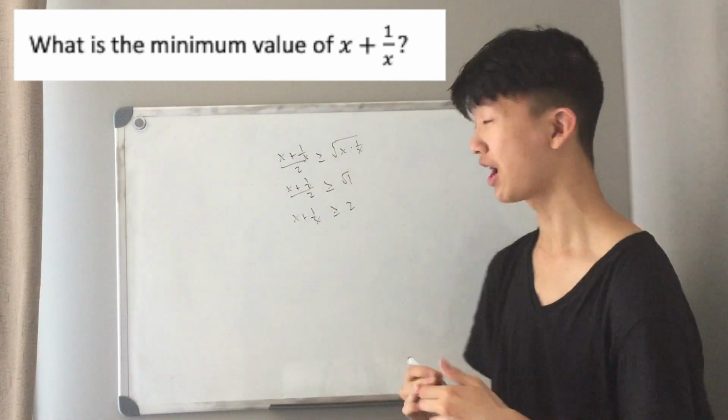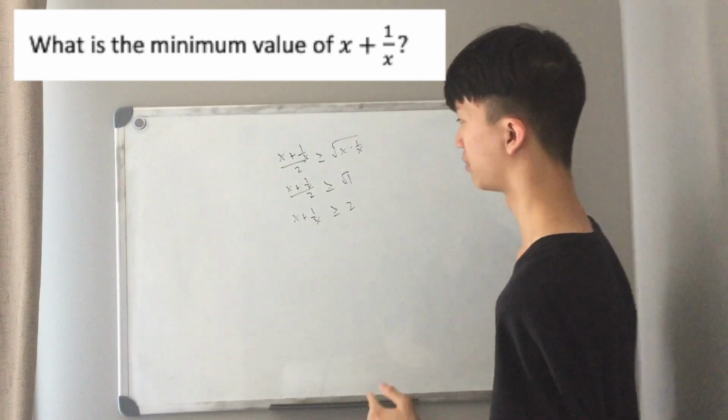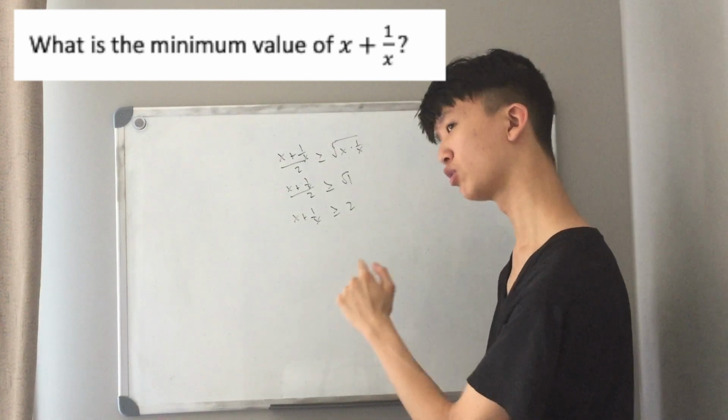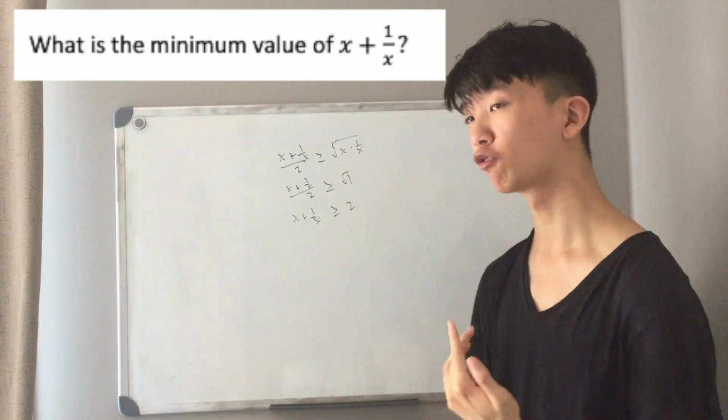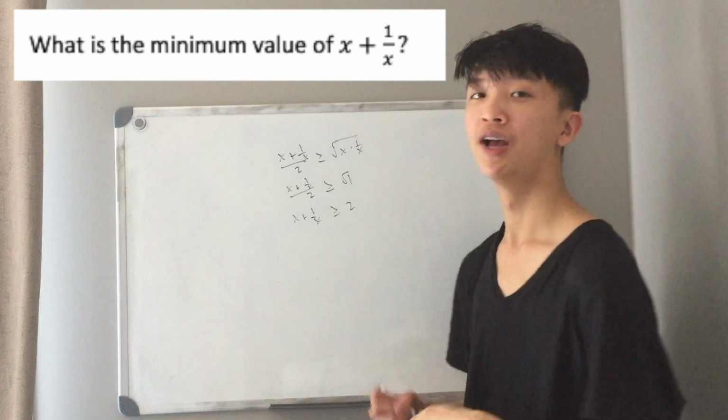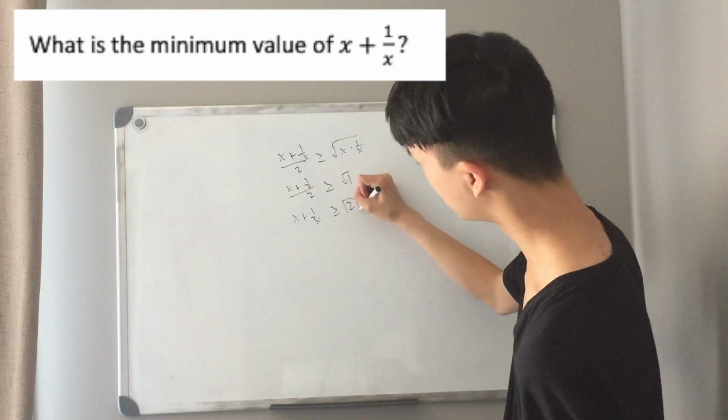And now we are actually done, because using AM-GM we have proven that x + 1/x must be greater than or equal to 2. Because it must be greater than or equal to 2, we have solved for the minimum, which is equal to 2. And so we are done.